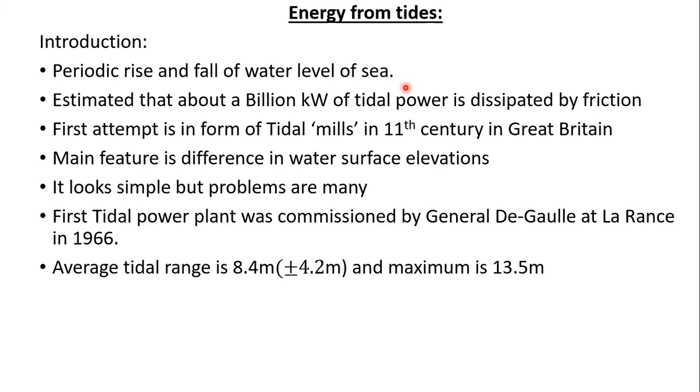If the high level water is made to flow onto the turbine, the turbine will rotate. If the turbine is attached to the shaft of a generator, the generator moves and electricity is produced.